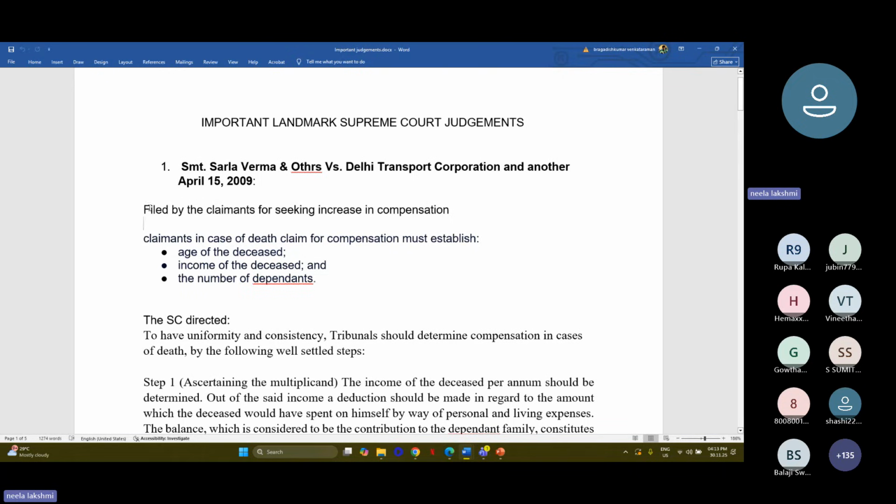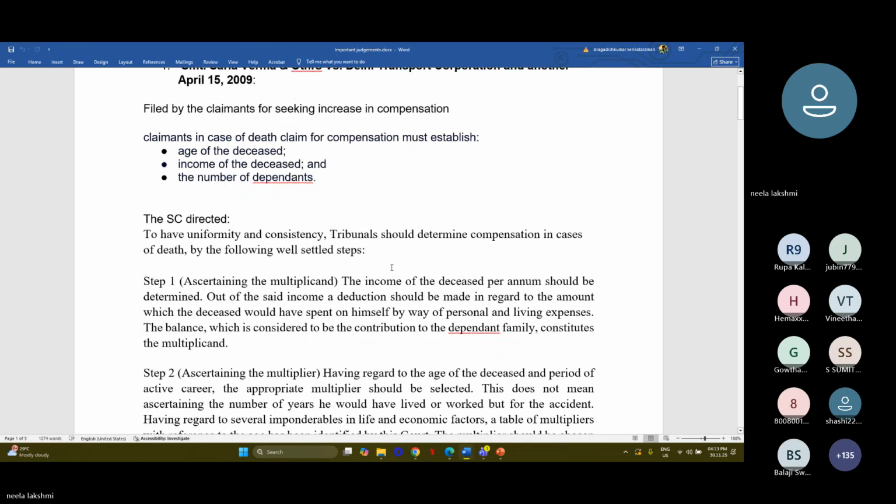The claim petition was filed by the claimants seeking an increase in compensation. The court held that, in case of death, claimants claiming compensation must establish certain things. The court directed the claimants as well as the insurance company.